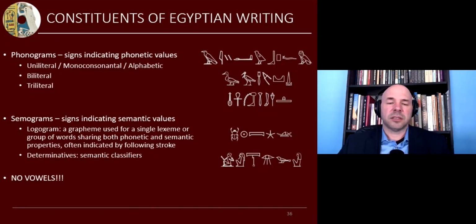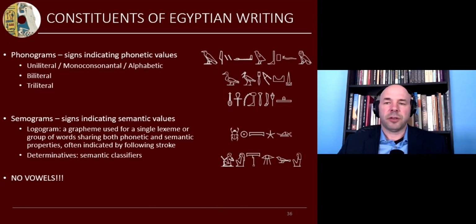And then lastly, what we call determinatives, or some scholars like to call them classifiers. These are signs that don't indicate any phonetic sound, but they indicate meaning that's associated with the word. So, for example, if you put the seated man that you see on the screen after a word, that determines it or classifies it as something that has to do with, let's say, humankind or mankind or men or professions, etc. And so these determinatives act as a way to limit the meaning of the phonetic signs that come in front of it.